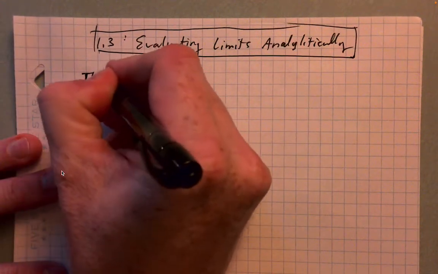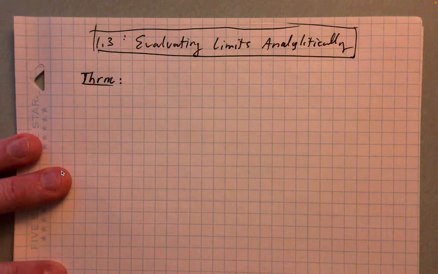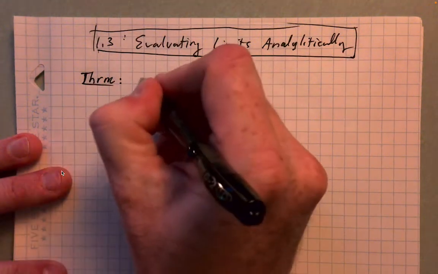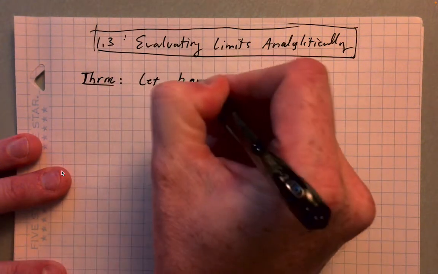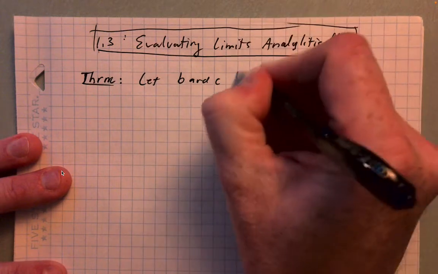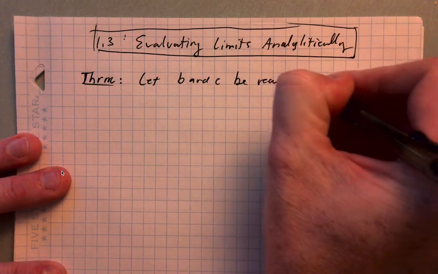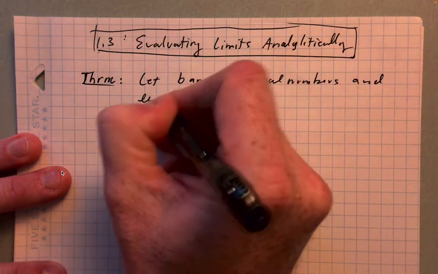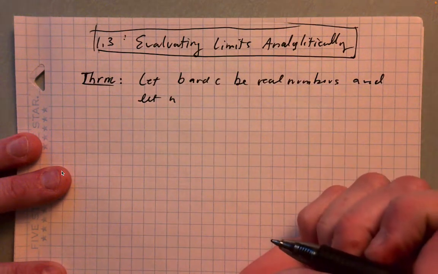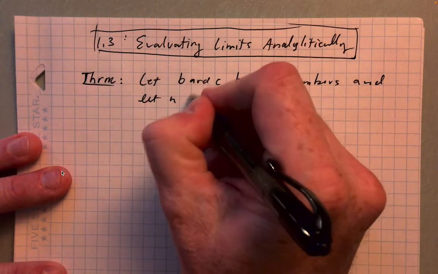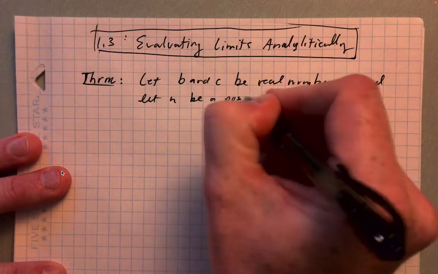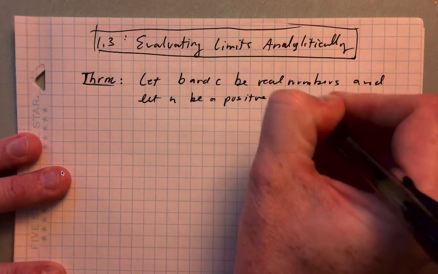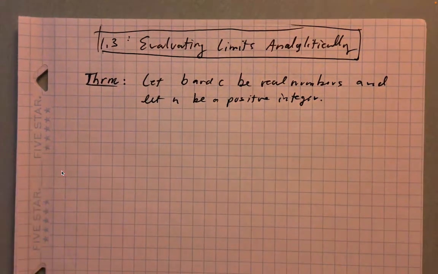So we'll be doing the most basic kinds of functions. So let's go ahead and let b and c be real numbers, and let n be any positive integer, i.e. a whole number, a real counting number.